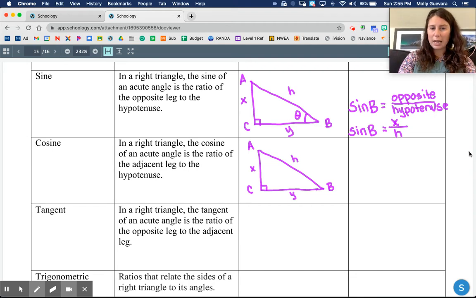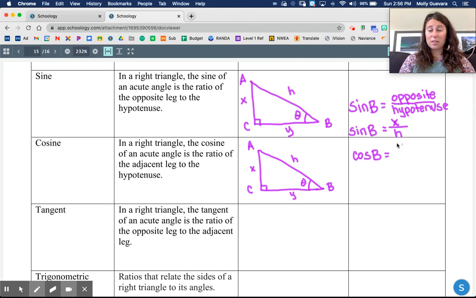So cosine is the ratio of, if I have this unknown angle, cosine of B. Notice we abbreviate. Here on sine, we took off the I and E... on cosine, we took off the I and E. So cosine of B is equal to the adjacent side over the hypotenuse.